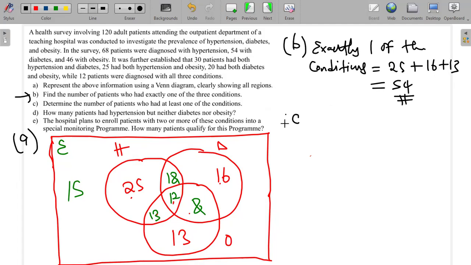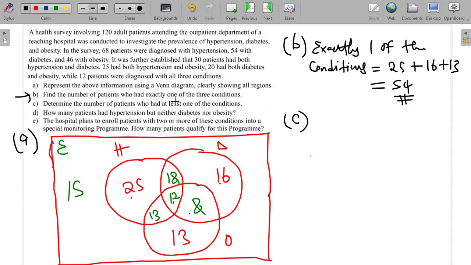Okay, what about C? C, they said, determine the number of patients who had at least one of the conditions. Okay, what does at least mean? At least means we find the number of patients who had either one of the diseases or two of the diseases or even three of the diseases.